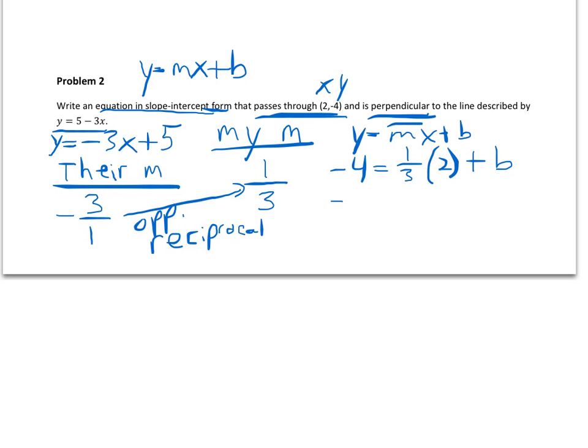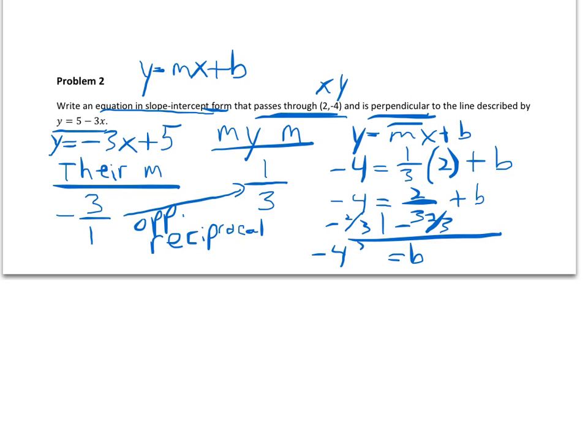So if I simplify, that would be 2/3, and you can do that on your calculator, plus b. And then to solve for b, I need to subtract 2/3 from both sides. Again, you can do this on your calculator. So my b is equal to negative 4 2/3.